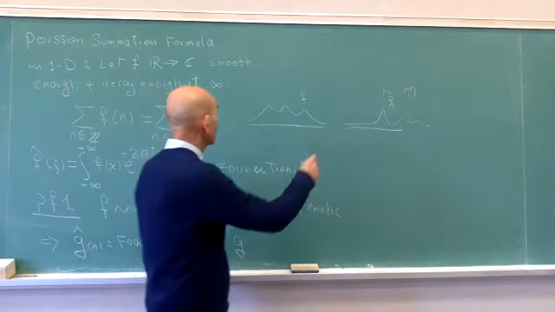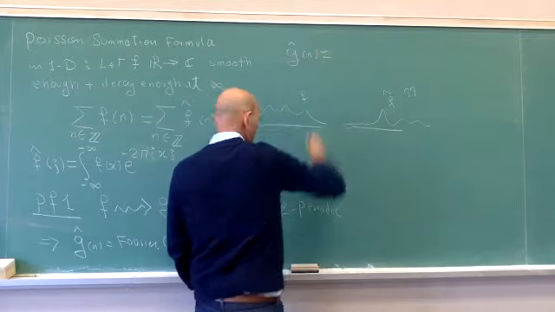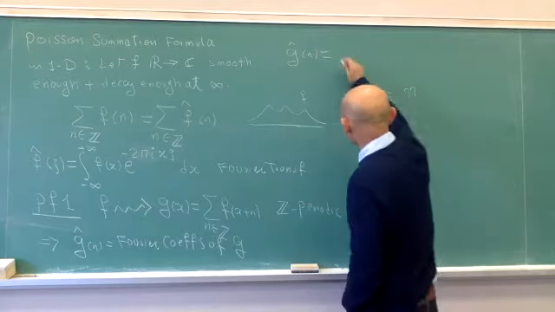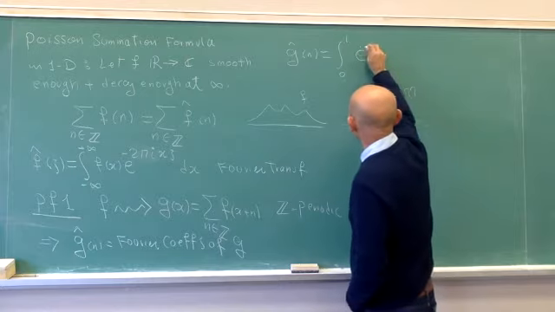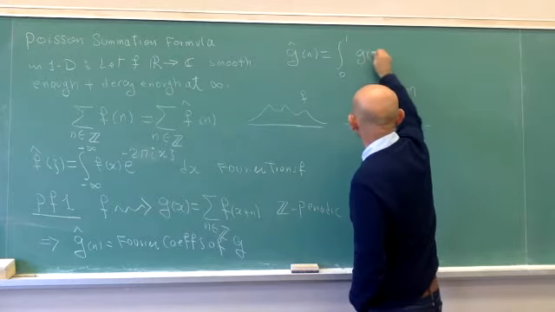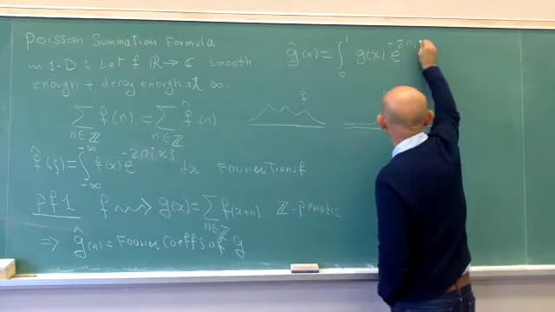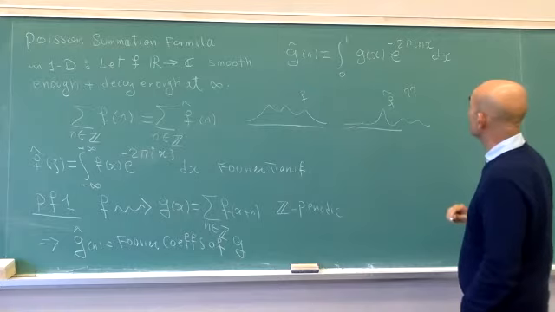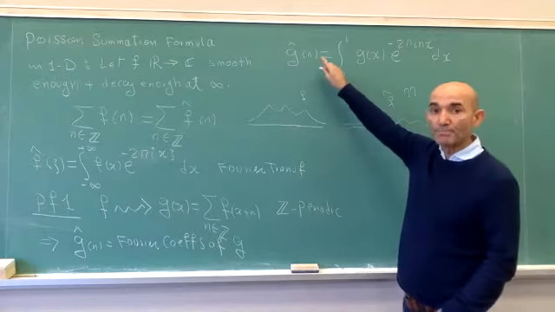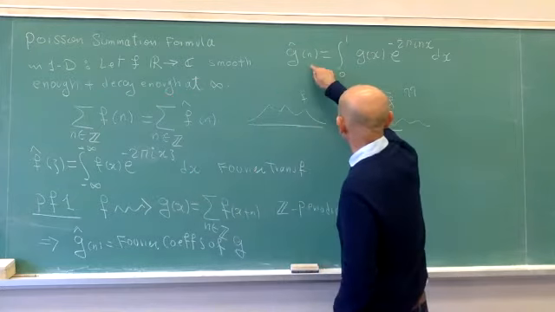In general, g hat of n is equal to the integral from 0 to 1 of g of x exponential of minus 2 pi i n x dx. It's a number that you create out of the function g. This holds in general for any g.